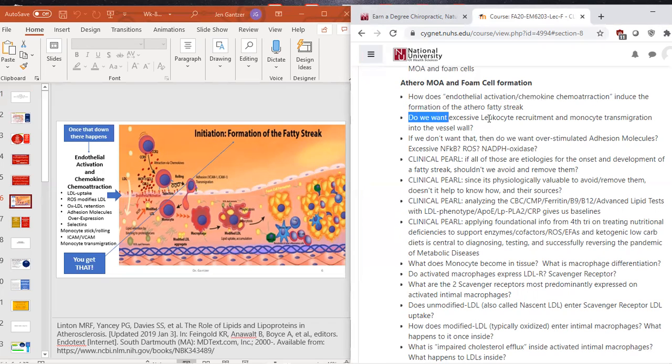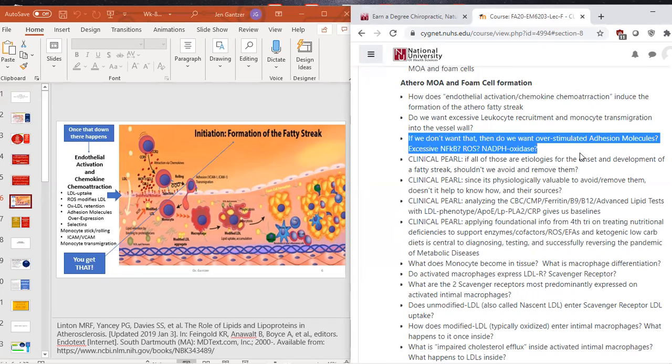All right. Do we want excessive recruitment and monocyte transmigration? Absolutely not. You do not want activated, overstimulated immune cells anywhere. We're talking about blood vessels, but you do not want chronic overstimulation and chronic activation of the immune system. It's just not a healthy way to live. If we don't want that, then do we want overstimulated adhesion molecules?